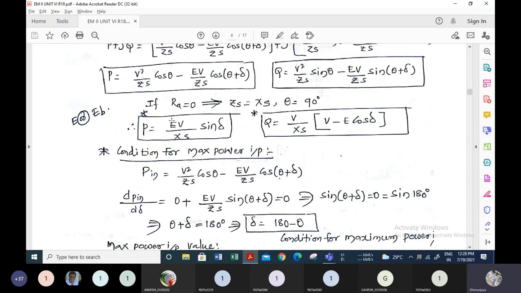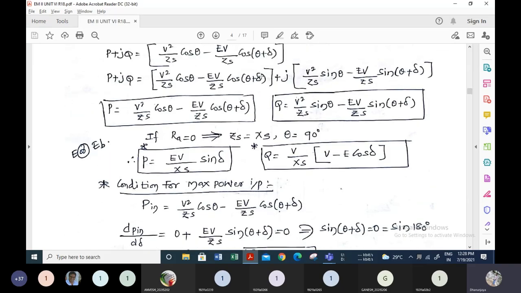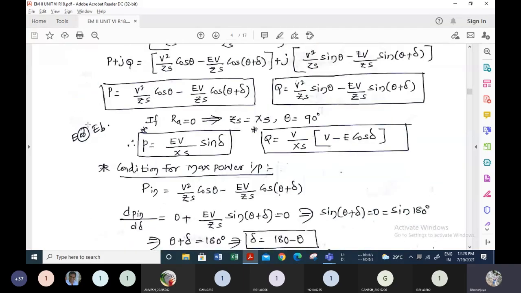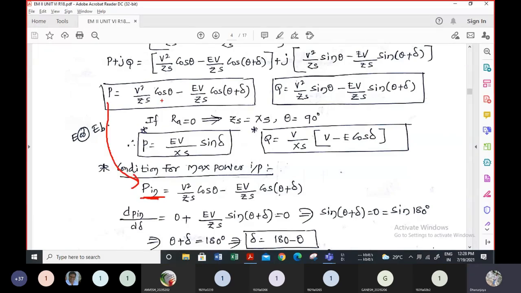So we have this expression we discussed. Maximum input power, that is, the active power I'm considering here. So what is the formula? The active power I'm representing as P. Consider this equation: V square by Zs into cos theta minus EV by Zs into cos of theta plus delta.